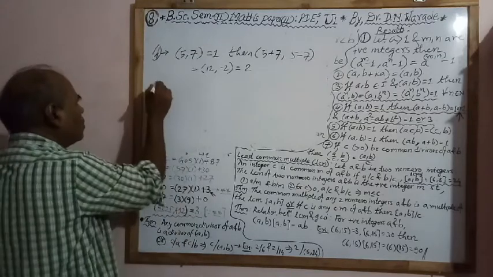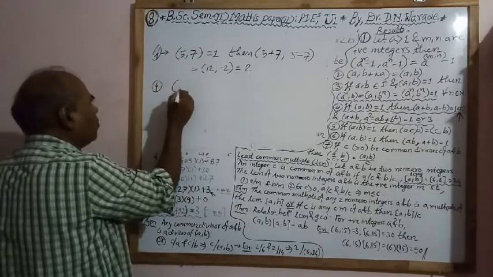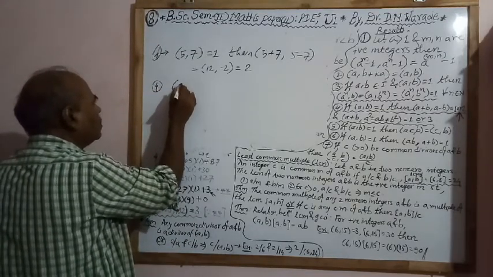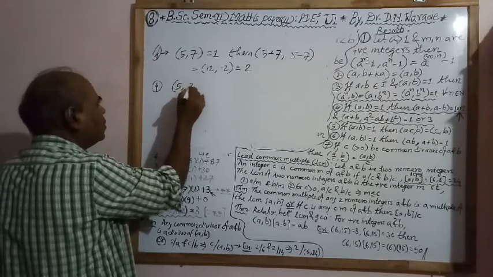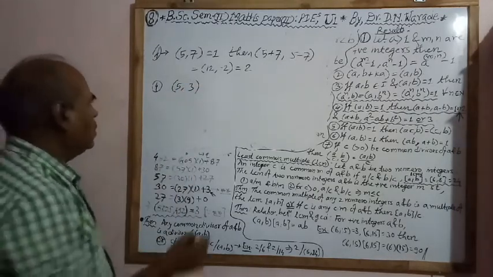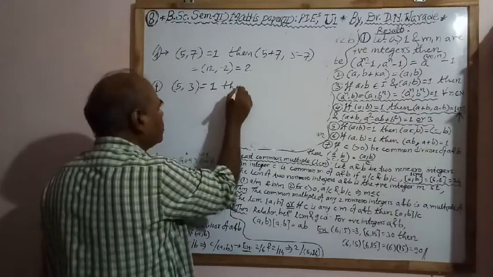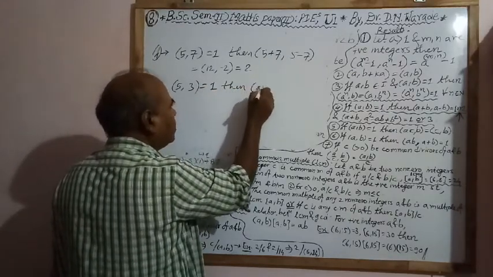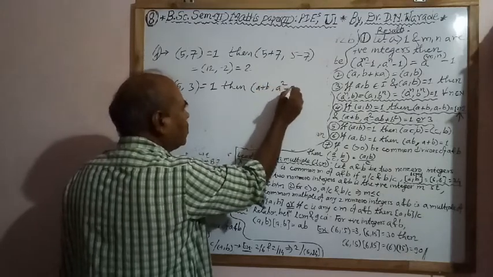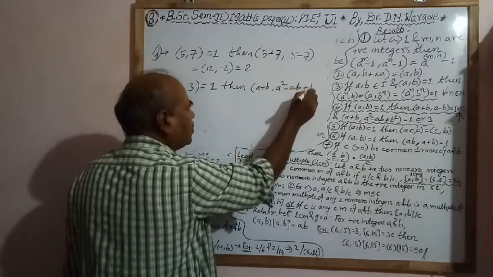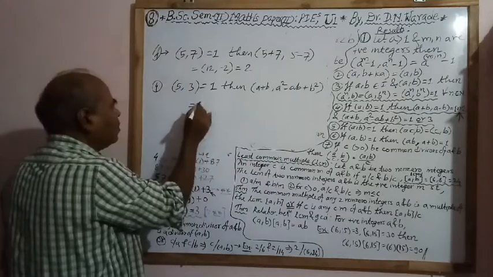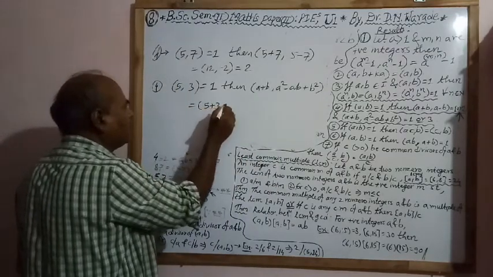Now let us take another example, 5 and 3. The GCD of these numbers 5 and 3 is 1. Then we find the GCD of A plus B, A square minus AB plus B square. A plus B means 5 plus 3, which is 8.